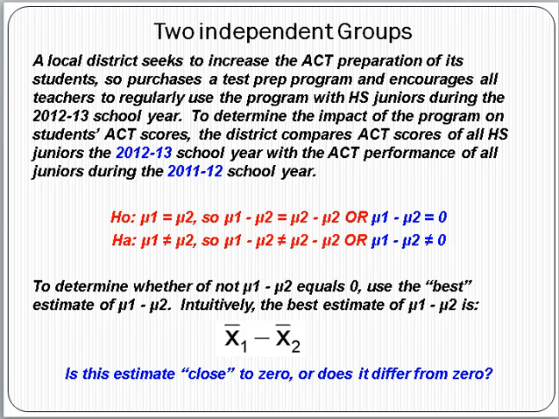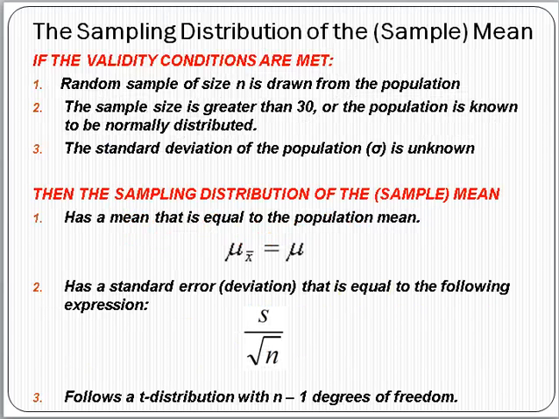So we're going to calculate x1 bar, the mean of sample 1, and x2 bar, the mean of sample 2, and use it as an estimate of mu1 minus mu2. Is that estimate close to 0 or not? All right, here's where a little bit of the theory comes in.